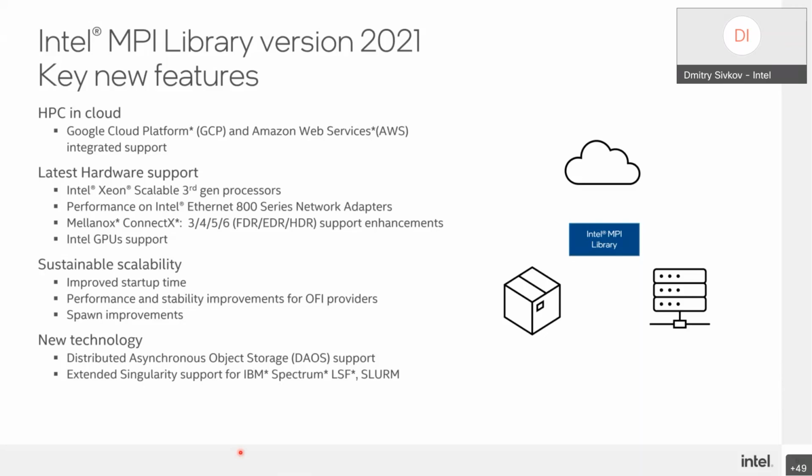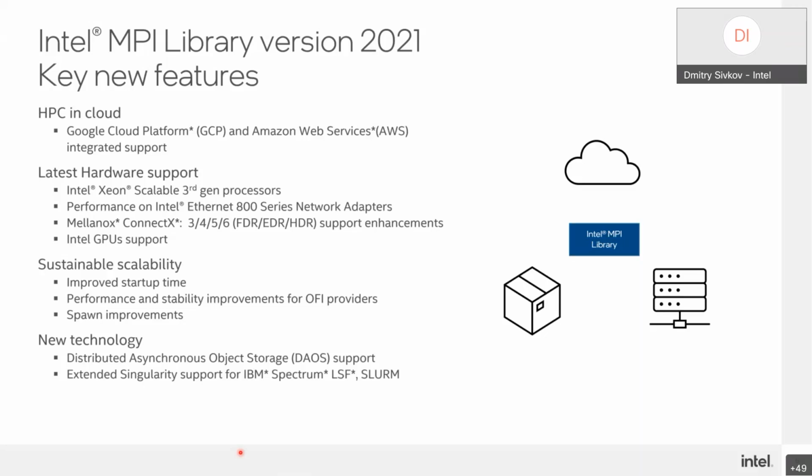For hardware support, of course, we are supporting Intel Xeon Scalable third generation, codename Ice Lake. We're supporting Intel Ethernet cards, Mellanox InfiniBand cards, and Intel GPUs, mainly data center accelerators. As soon as these become publicly available, every one of you can use them with Intel MPI.